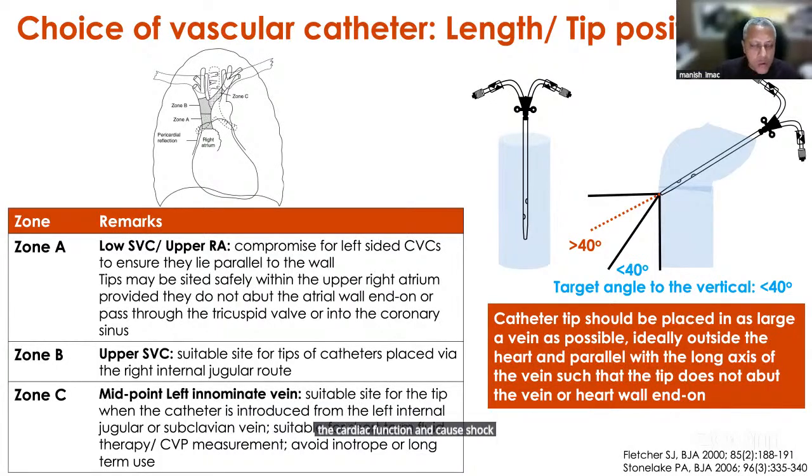And therefore, for safe positioning of the tip of these catheters, people have divided, radiologically as well, the various zones for the insertion and tip placement of the upper body catheters.